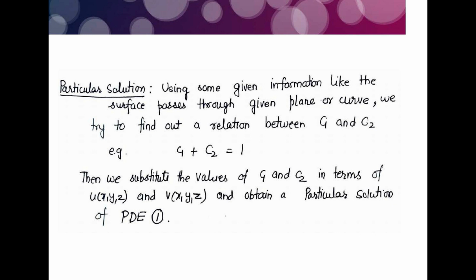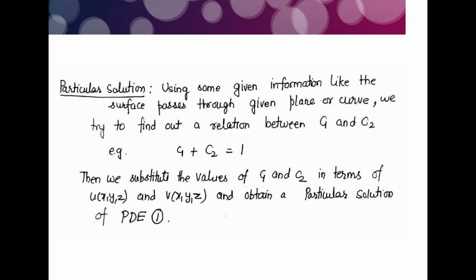So the particular solution of the Lagrange partial differential equation is obtained using some given information, like find the integral surface or a particular solution of the partial differential equation passing through given surfaces. So some condition is given to us, maybe a plane or some curve.